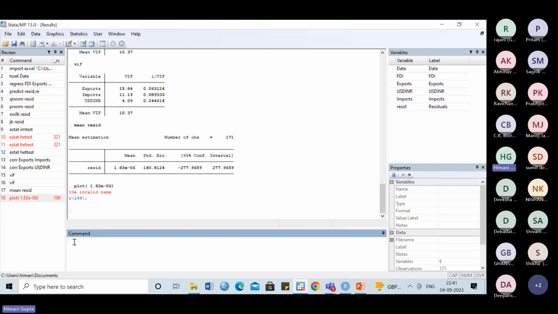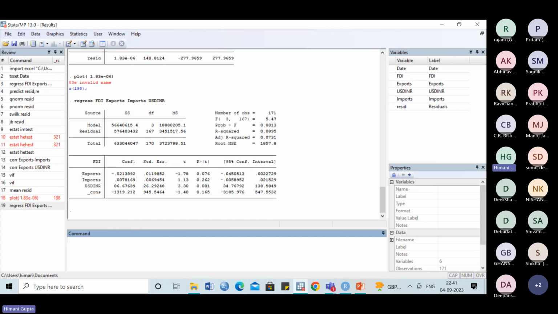Now, the next assumption is that there should be no autocorrelation. For no autocorrelation, we have learned that there are two different tests. One is the Durbin-Watson test when the lag value is 1. For that, first of all, we have to regress again, otherwise it won't run. Regress your FDI on exports, imports, and USD INR.